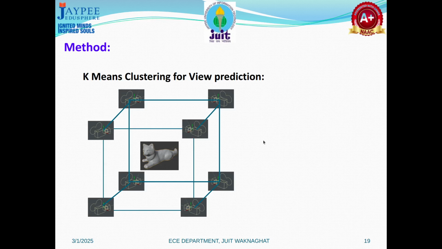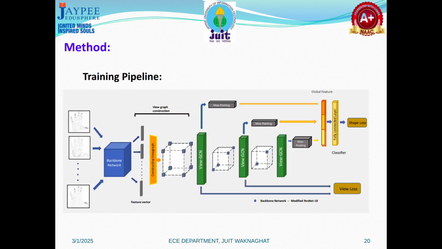After doing this k-means clustering, we assume that the 8 tactile images are taken from these 8 different views. This is not always right, but still we find that making this assumption gives us a really good result finally.